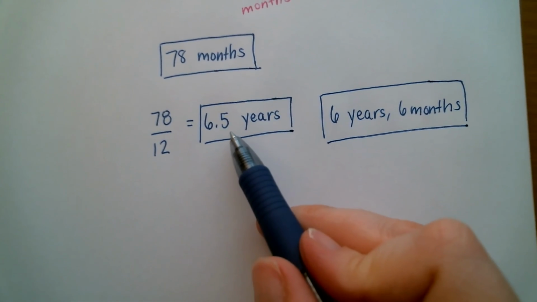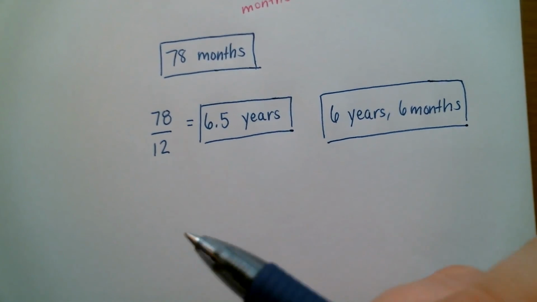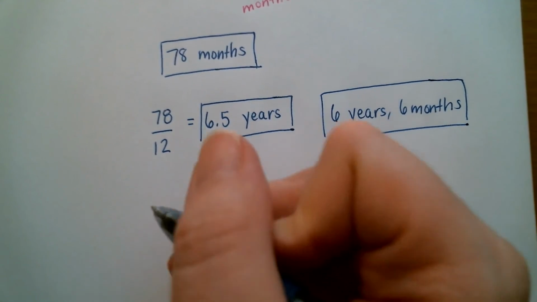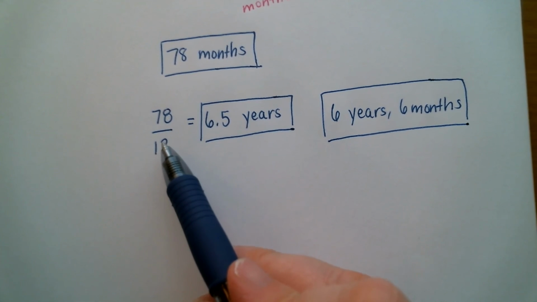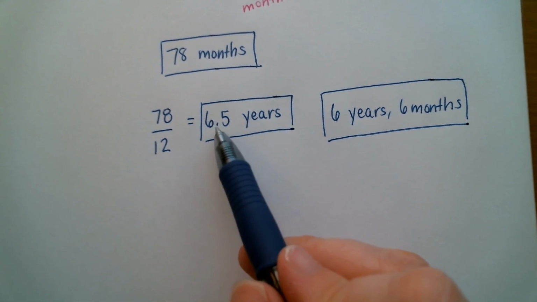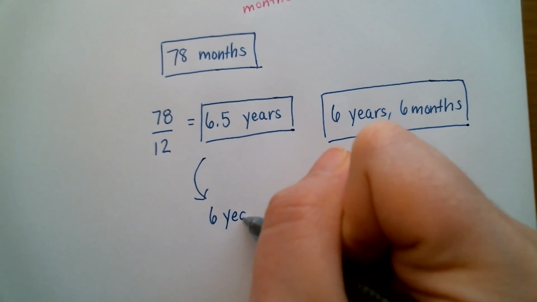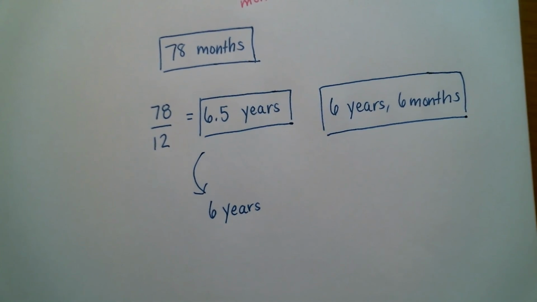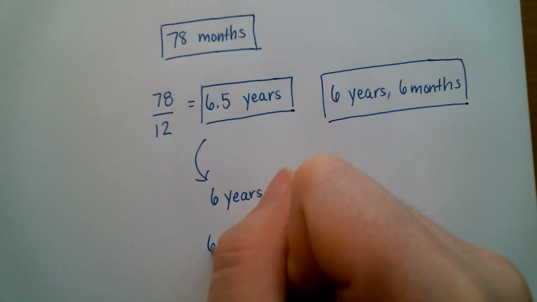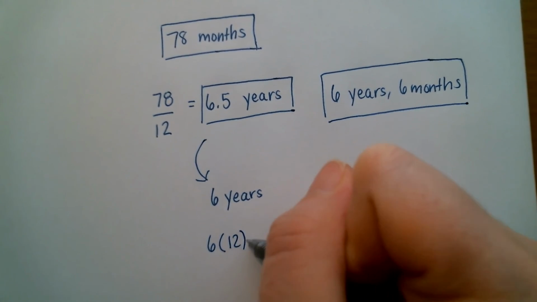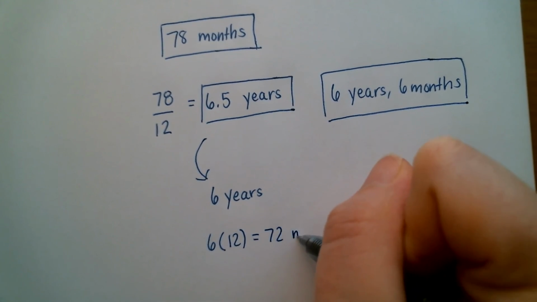If you didn't know how to interpret the 0.5 as half a year or 6 months, you could have taken the 78 and divided by 12 and gotten the 6.5 and said, hey, that's 6 whole years, and then I've got to figure out how many months are left over. So then you would go, okay, 6 years, there's 12 months in a year, that's 72 months total.